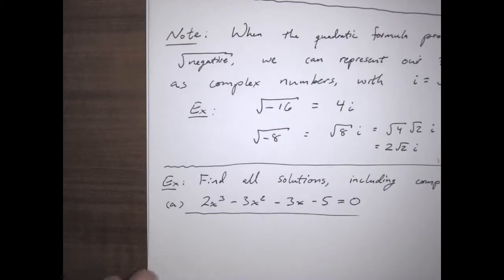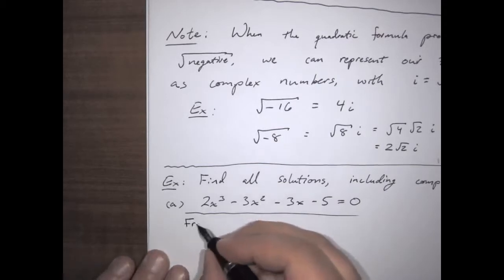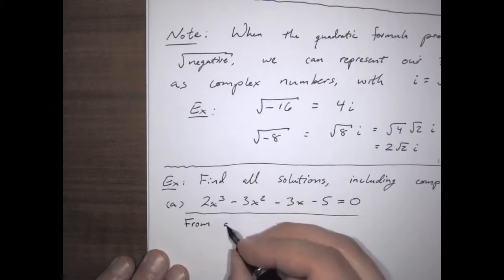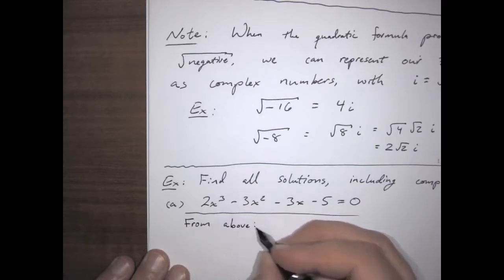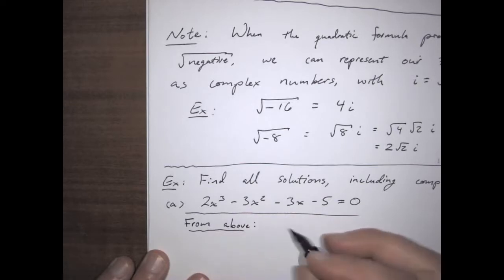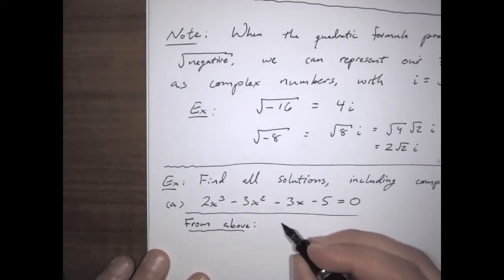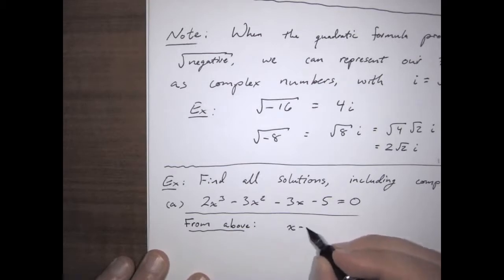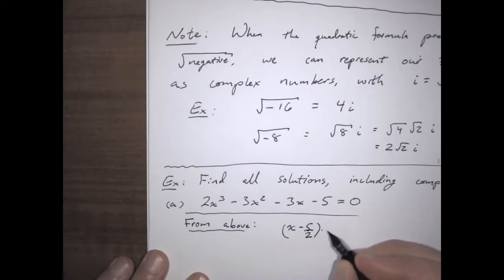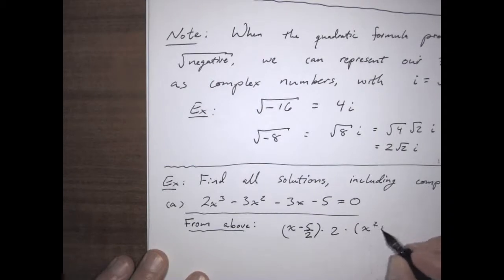So from above, we already knew that it factored into (x - 5/2) times 2 times (x squared + x + 1).